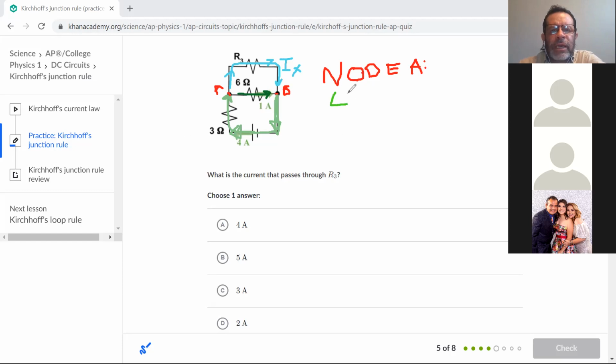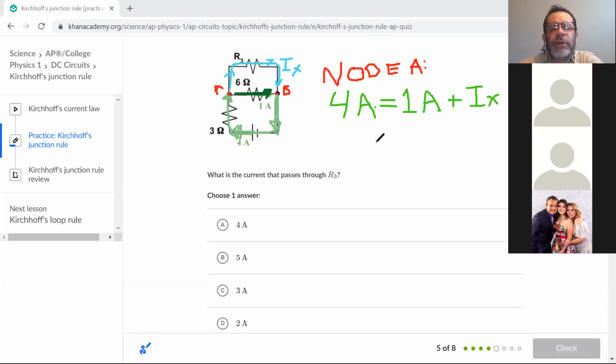So what's going into node A is 4 amps, and that has to be equal to what's going out of node A. In means that the arrow is pointing inwards. Out means that the arrows are pointing outwards. The 1 amp is going out, that's correct. But what is also going out? The one we're trying to find, and we call that IX.